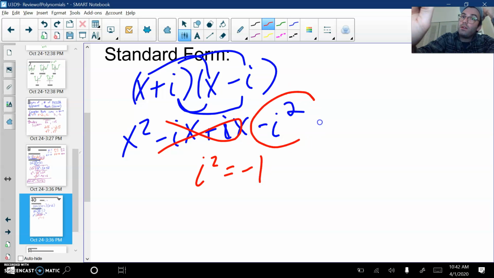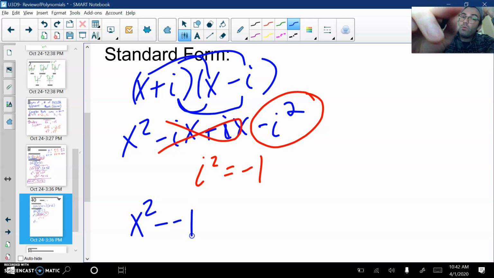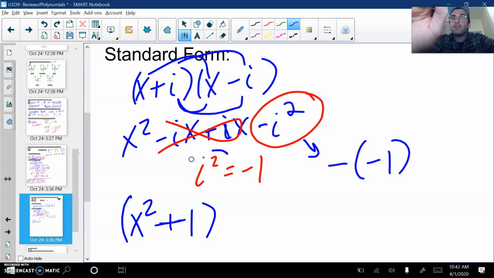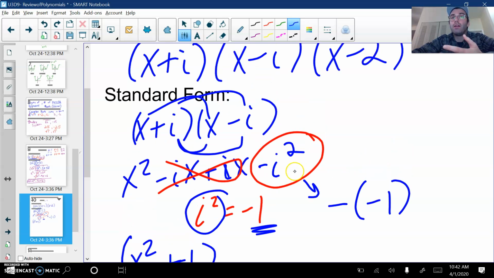So really this is x squared minus negative 1, which makes it x squared plus 1. Anytime you see i squared, think negative 1.